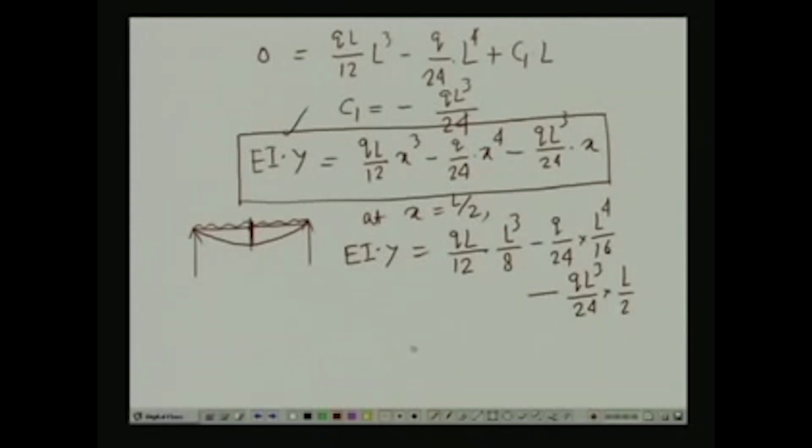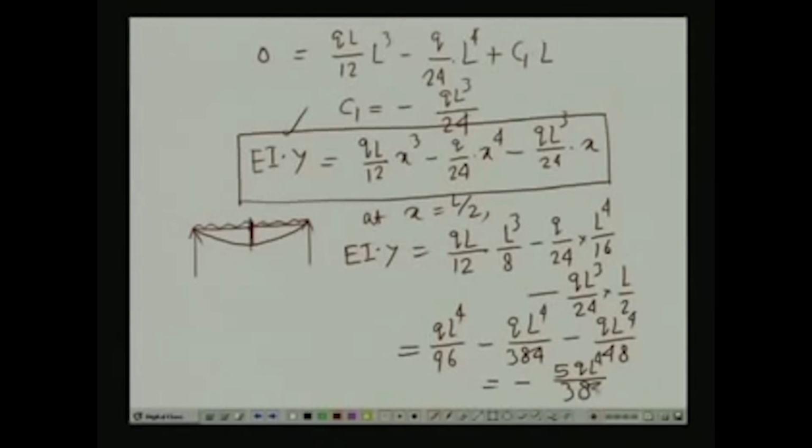So, if we compute this, it comes as q L 4 by 96 minus q L 4 by 384 minus q L 4 by 48. And if we compute this, it comes as minus 5 q L 4 by 384.